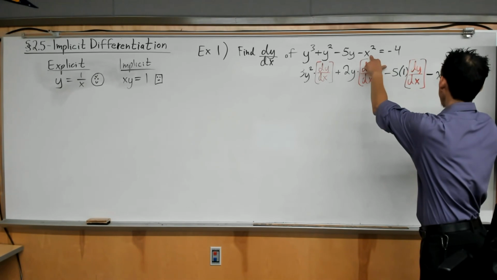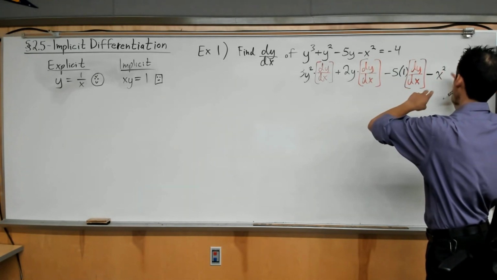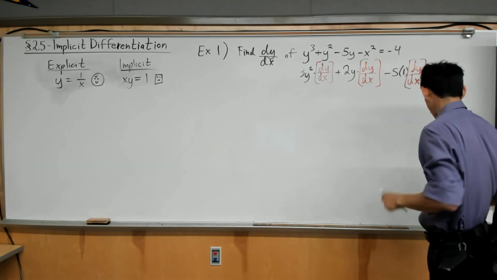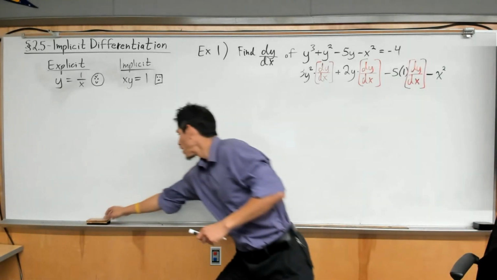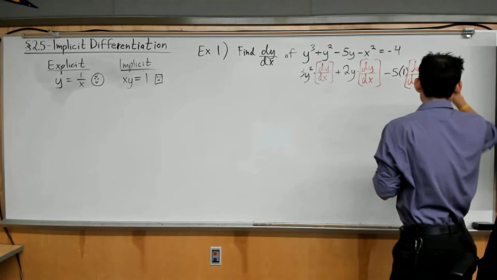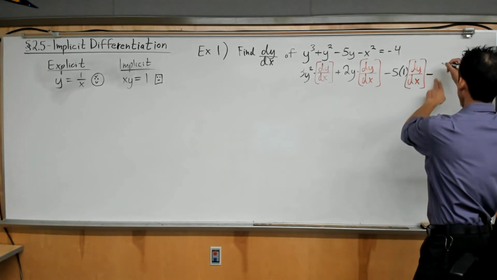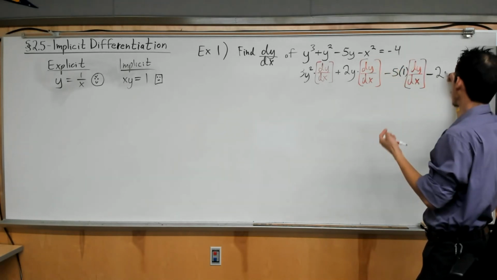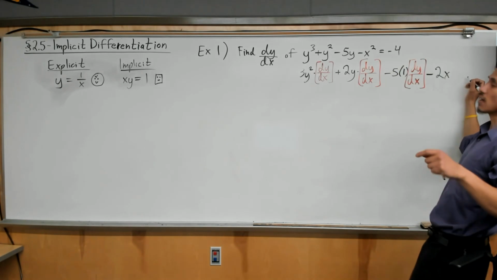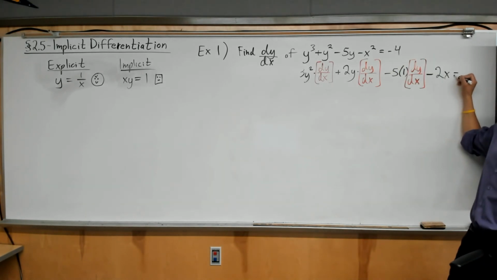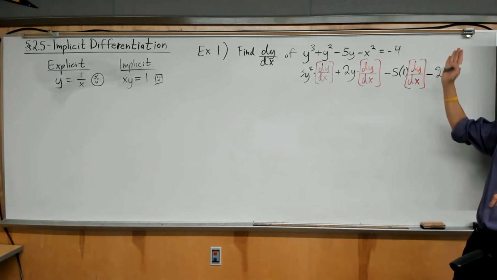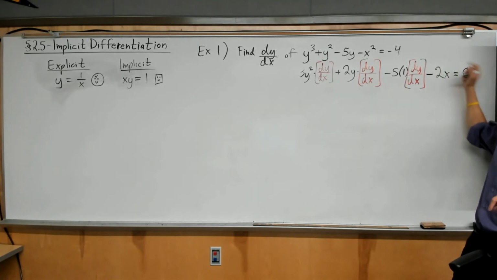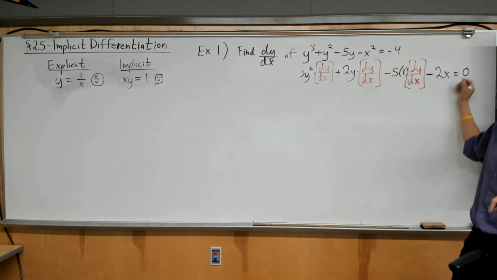We just keep it straight up like we've been doing. We don't need to multiply by dy dx. We take the derivative straight up. So the derivative of x squared is just 2x. And we take the derivative of -4, which is 0.